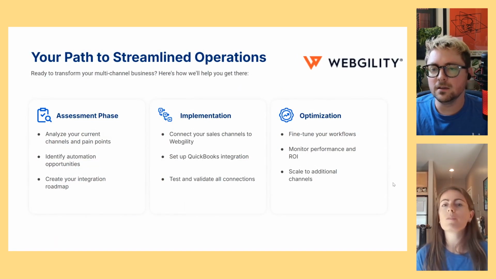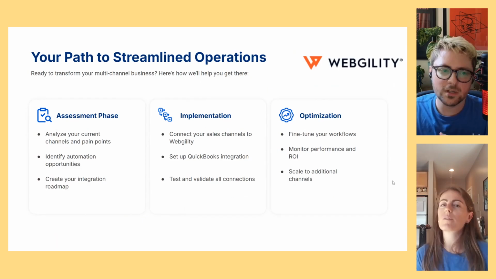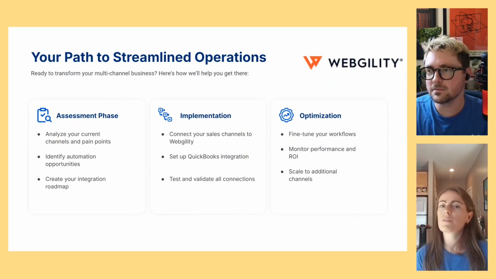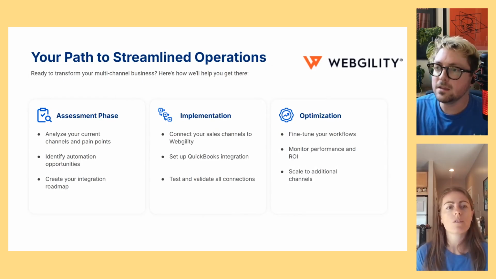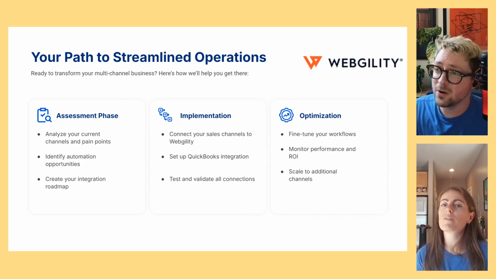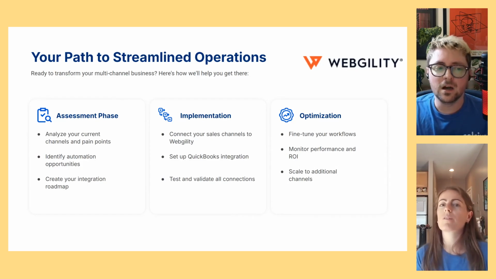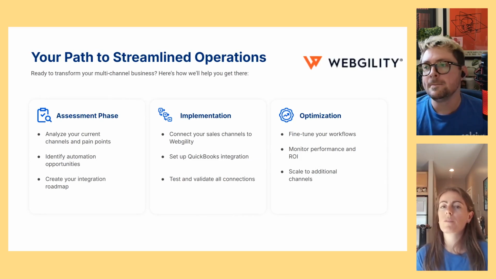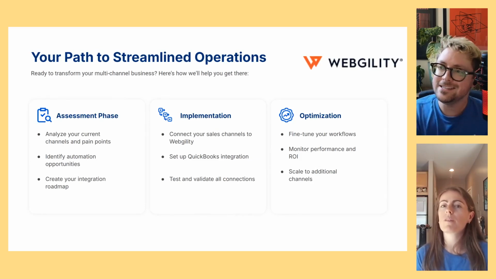I think the last couple things I want to mention here are the steps within Webgility as a new customer, right? So one thing to expect with any automation service, this doesn't just apply to Webgility. I think it's important no matter what tool you decide to go with. It's important to understand what channels you're selling on and the pain points for each channel, right? You want to know in Shopify, what are the things that I need to keep track of?